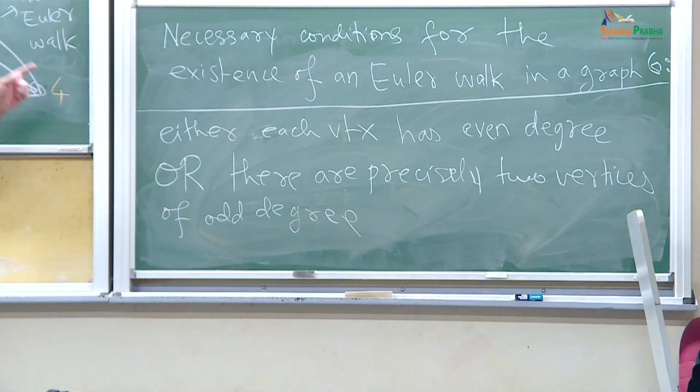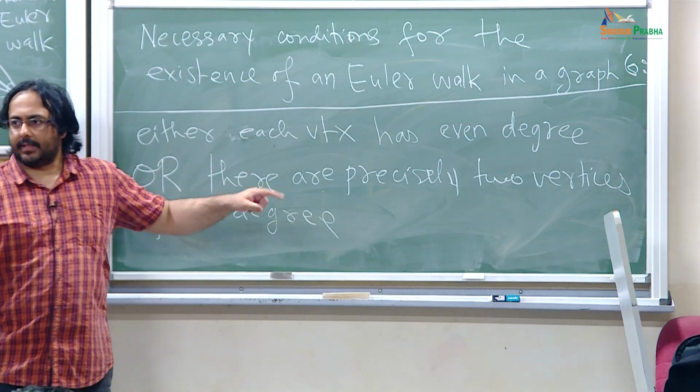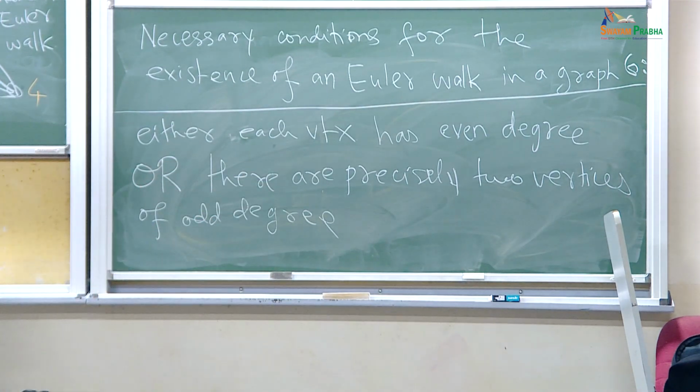In fact, if you go back to our analysis, for this case, it actually means that start is equal to end, the first case. And the second case, start is not equal to end. You all agree?